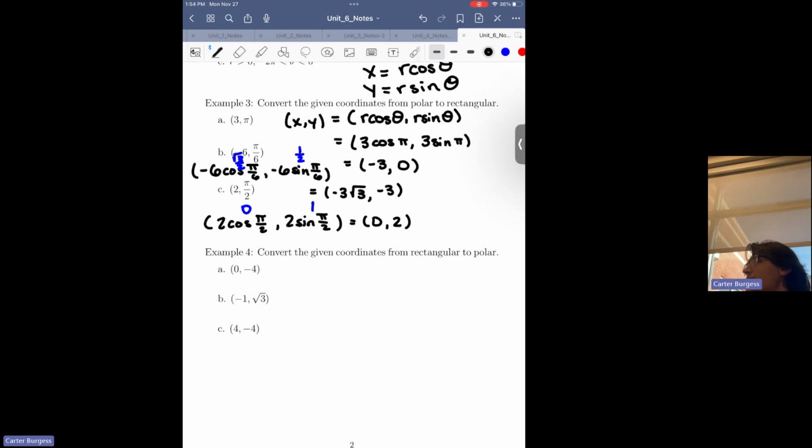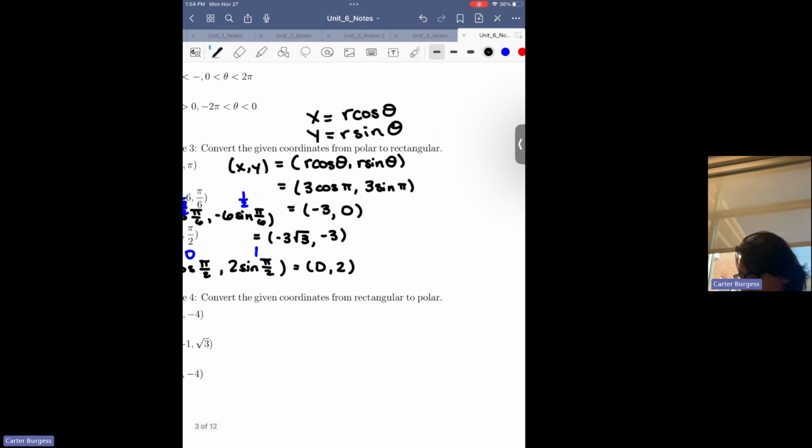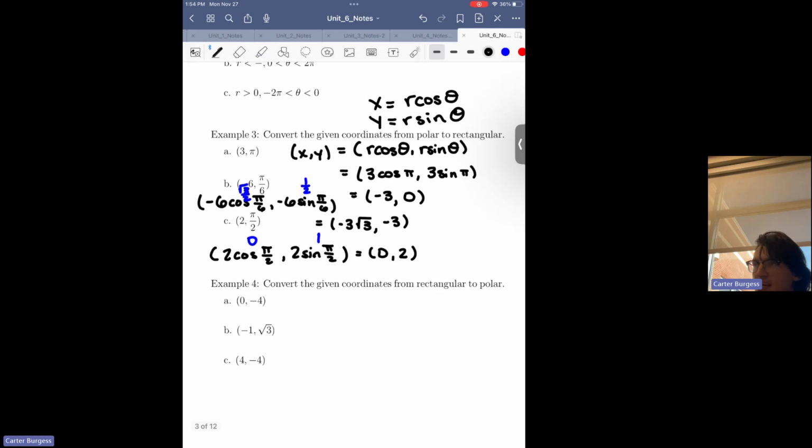Now the polar to rectangular direction is fairly straightforward, right? We just have our two equations here. We just take r, plug in r, take theta, plug in theta. The other direction, which is unfortunately the more difficult and also more useful direction, is just a little bit trickier.